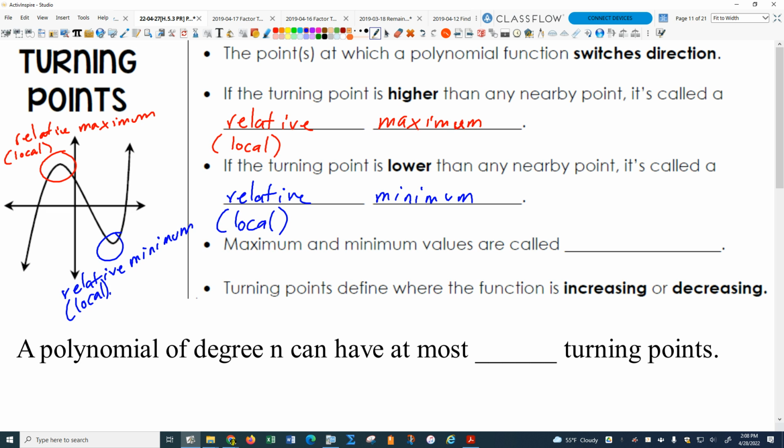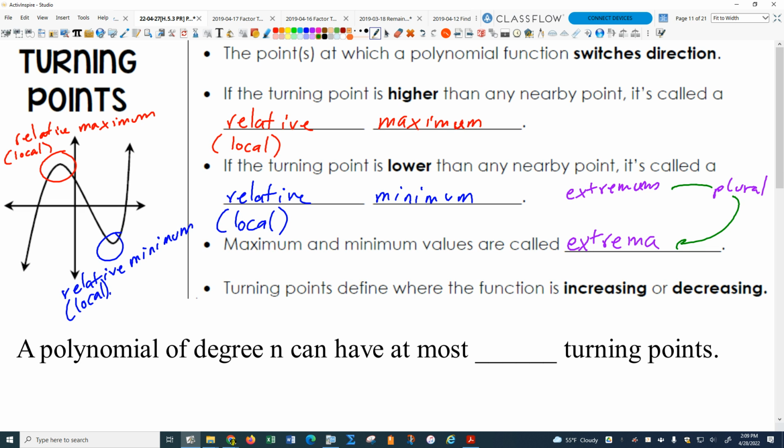Maximum and minimum values are called extrema. That's just the plural of extremum. The plural of extremum is extrema. In other words, extreme values.